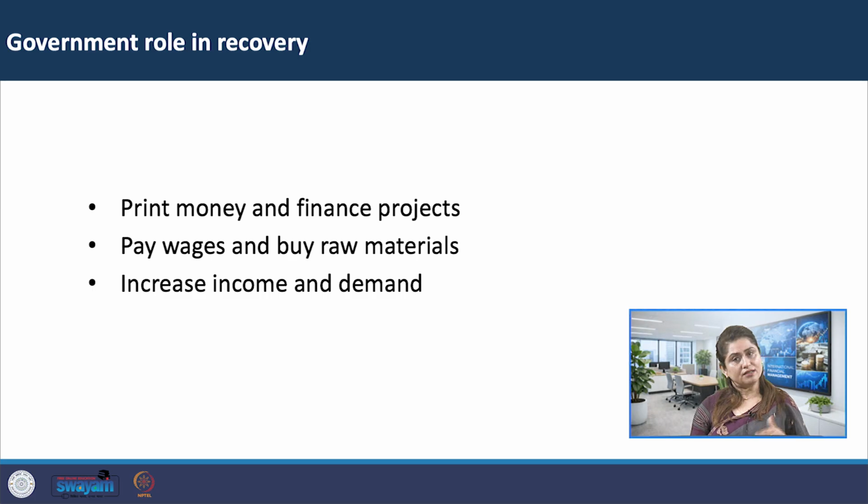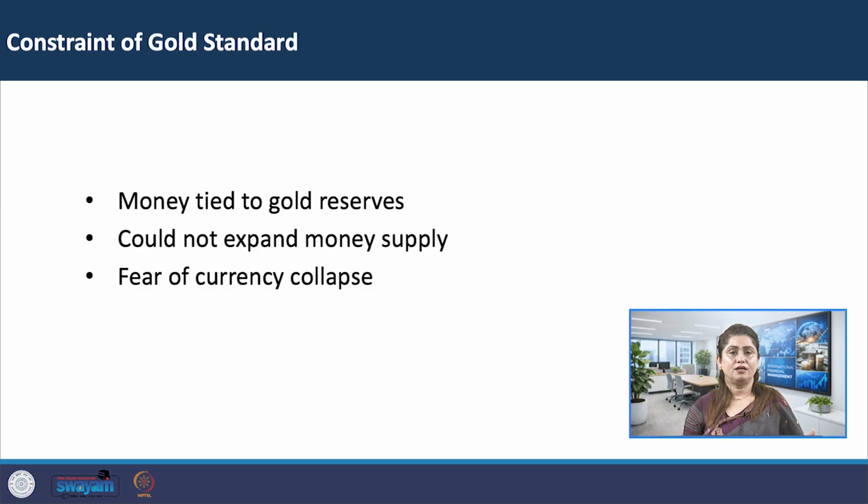overall economic recovery. However, during the gold standard period, governments could not increase money supply freely because it was tied to gold reserves. Since they lacked sufficient gold and their currencies were already weak, expanding money supply risked losing confidence in the currency.